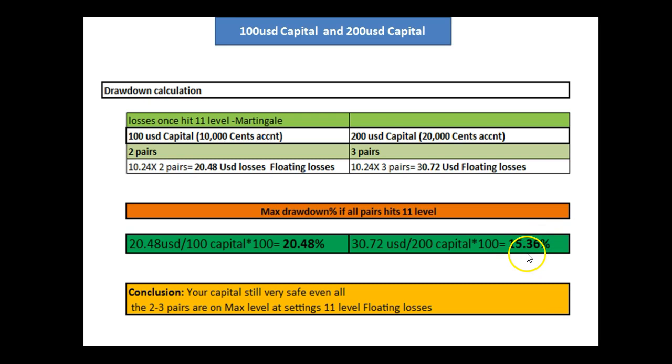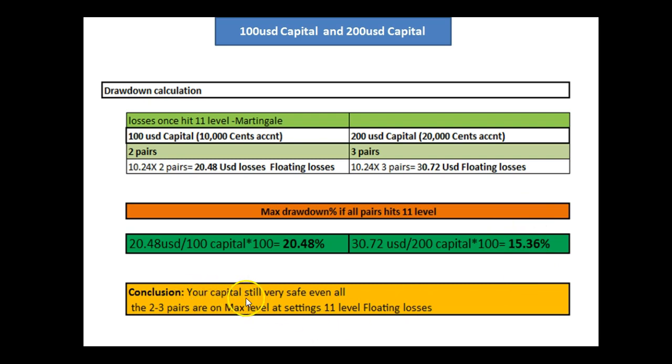So 15.36% is not so dangerous. But if your trading goes wrong, you can top up your capital while waiting for the market to hit back your TP, because at 220 pips high, the moment the market reaches that level, there will definitely be a reversal. Confirm, yes. So we have a conclusion here.